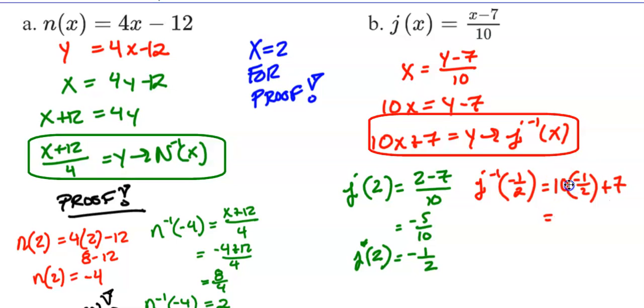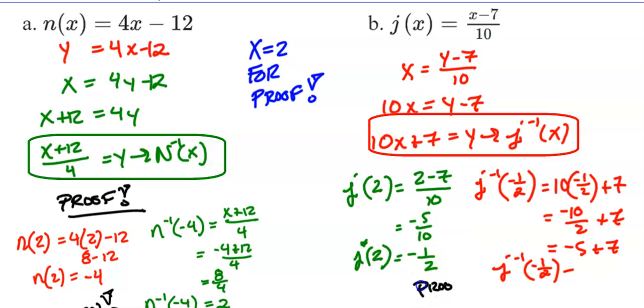Well, 10 times negative 1, that gives us negative 10 over 2 plus 7, and that's going to be negative 5 plus 7. So j inverse of negative 1/2 is going to equal 2, and that's what we're supposed to get. So that has now been proven. So that's our proof. So it's been proved or proven true.